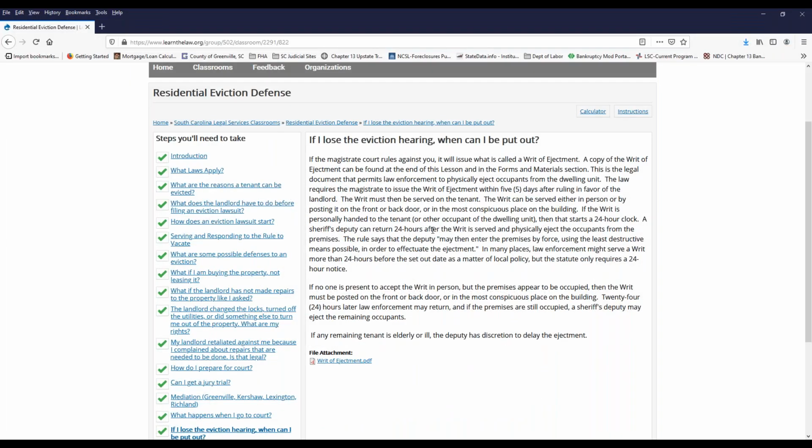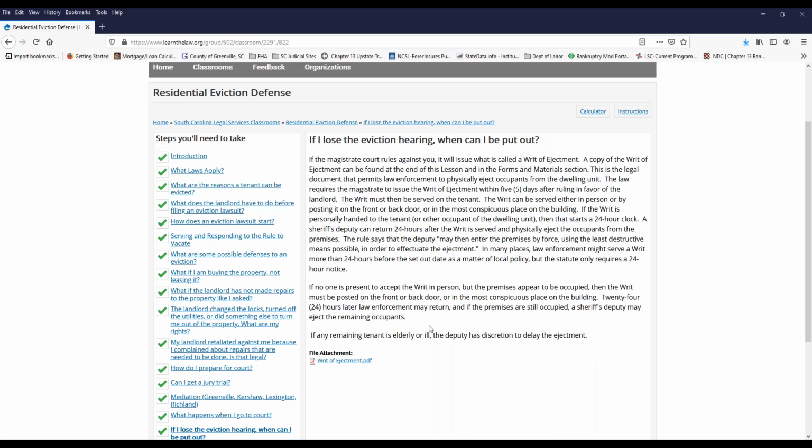Like the writ says, it has to be served to the tenant, either in person or by posting it on the front and back door, or in the most conspicuous place on the building. That starts a 24-hour clock. 24 hours later is when the sheriff's deputy can come back and actually effectuate that ejectment at the property.